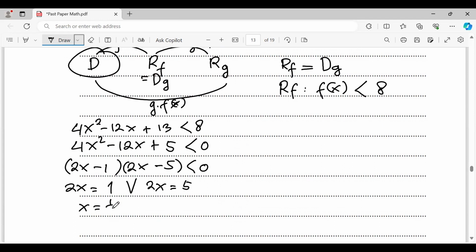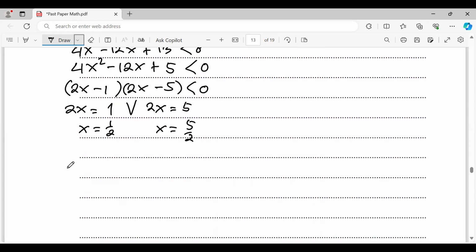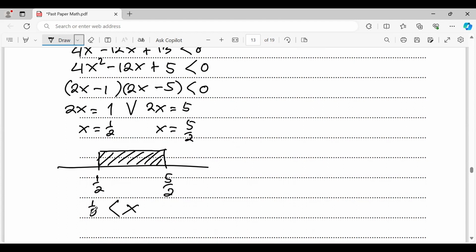So x equals half, x equals 5/2. Now through number line, we can determine the area of conclusion. The area of solutions, x greater than half, less than 5/2.